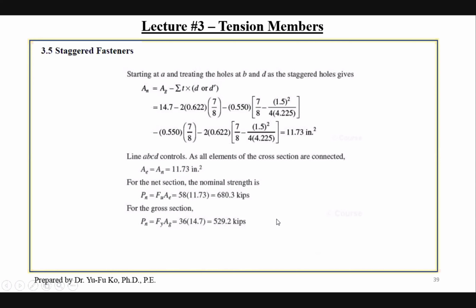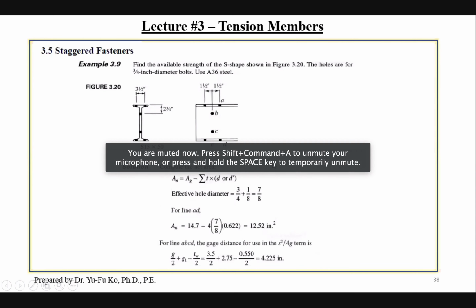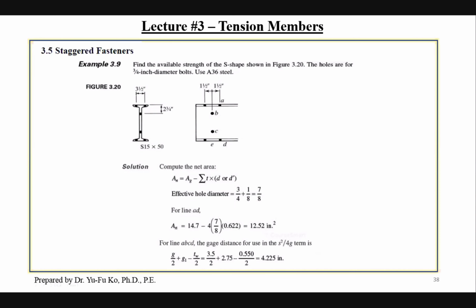Was that in the problem statement, sir, or is that in the book? The strength for fracture and yielding? FU, FY. Was that given in the problem statement? Yeah, it's A36 steel.